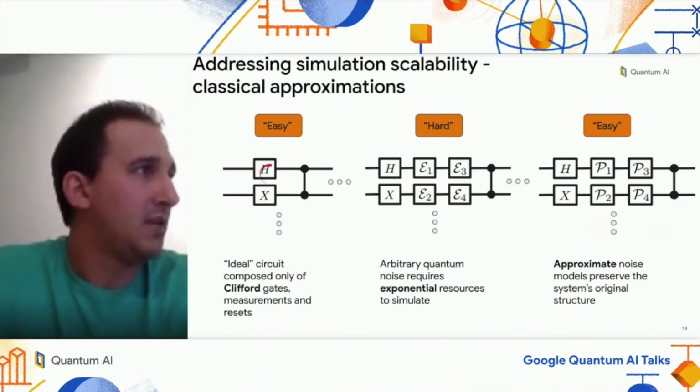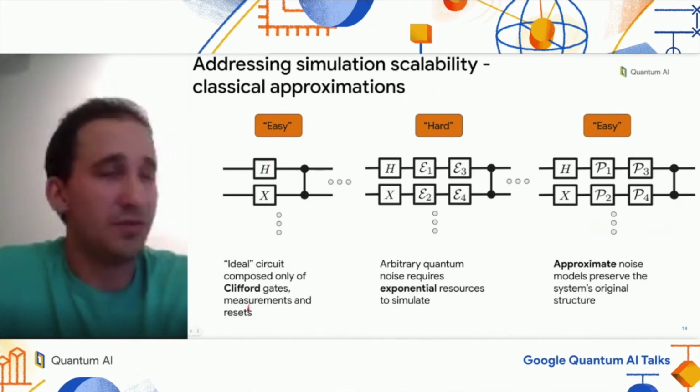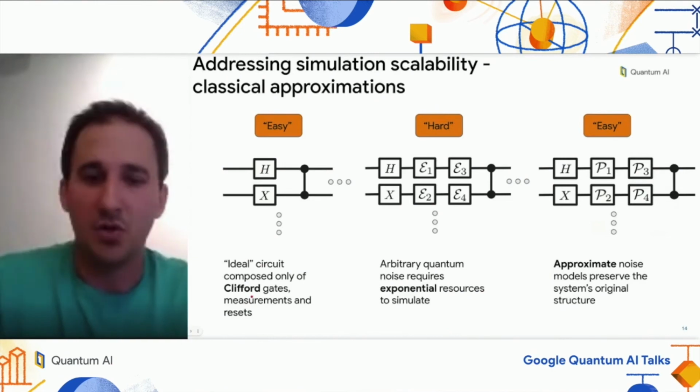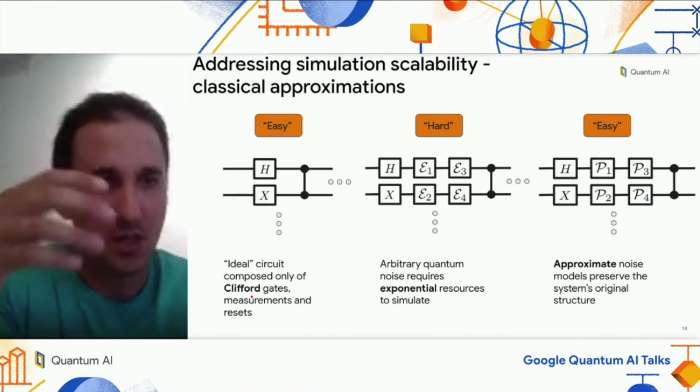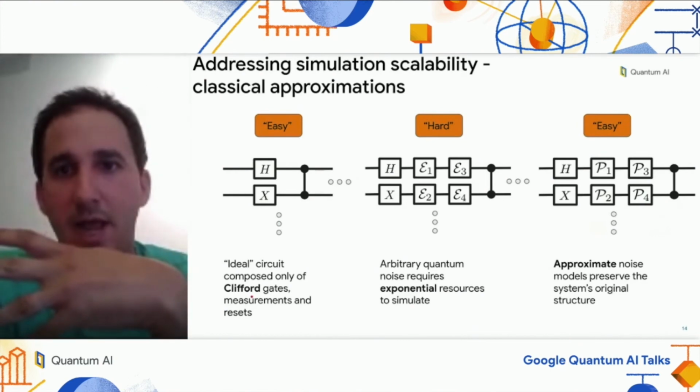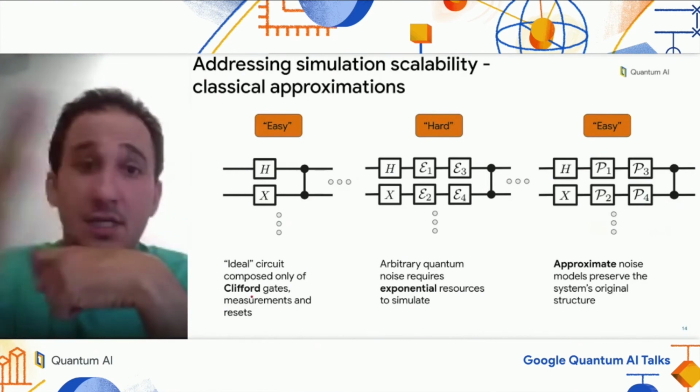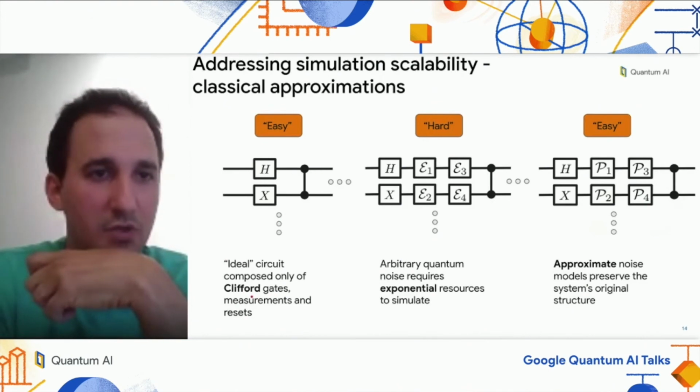When we apply any of these Clifford operations or measurements or resets to our stabilizer states, all this does is map you from one stabilizer state to another stabilizer state. And so you never need exponential resources to do the simulation, right?